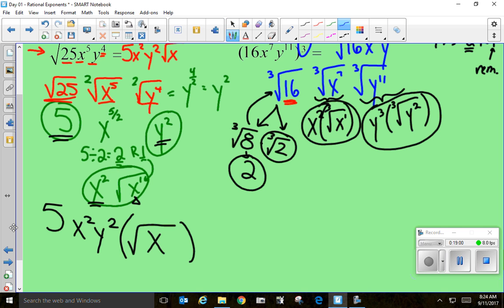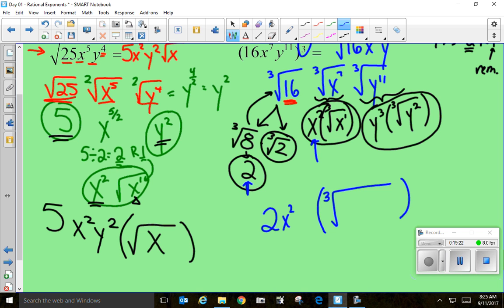So let's write this. What are the terms? Now when I'm all done, I'm going to have some things outside the cube root and some things inside the cube root. So it's going to be 2. That's outside the radical. What else? X squared.